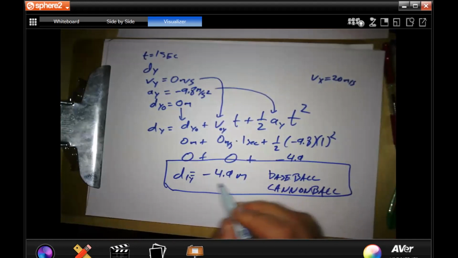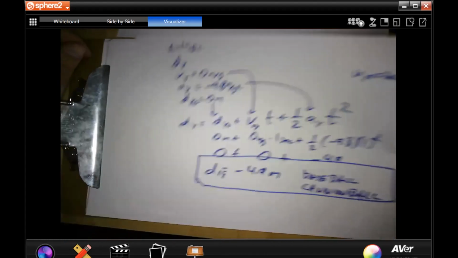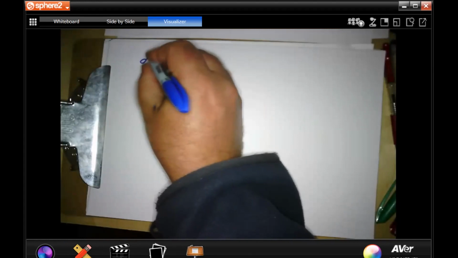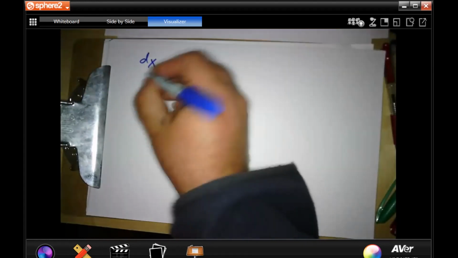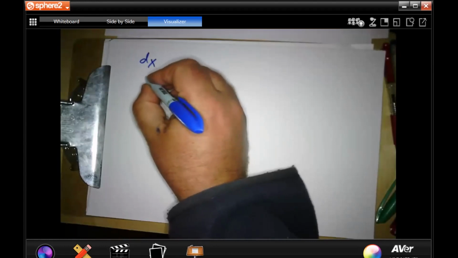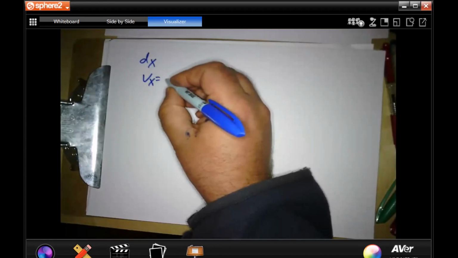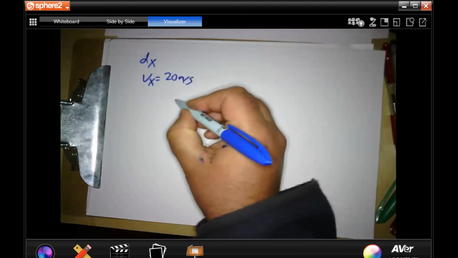Okay. The only thing that's different now is how do we figure out d sub x for the cannonball? For the cannonball, it is shot horizontally with a speed of 20 meters per second.